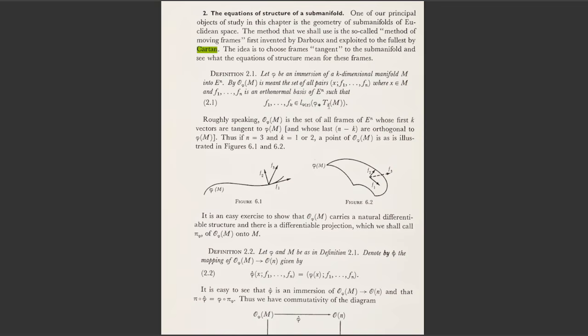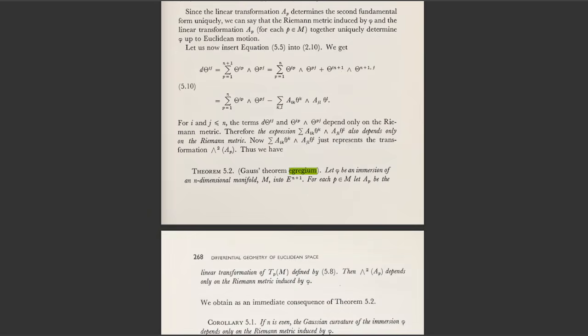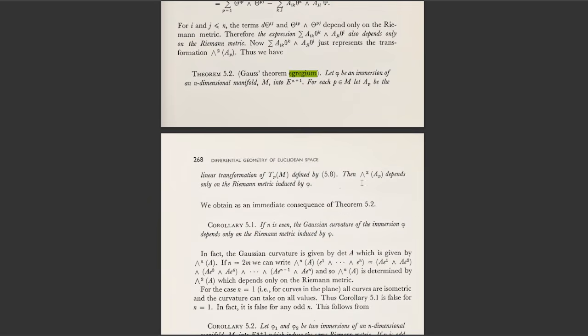We can then go to Gauss's theorem, the theorema egregium, which we keep for tradition because it's just that important. Gauss's theorema egregium gets nicely talked about.